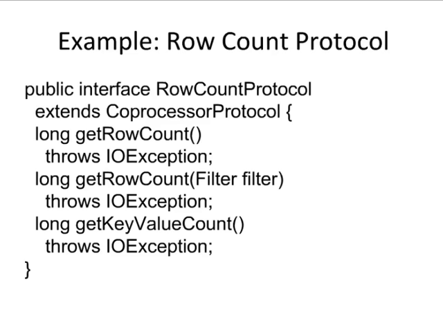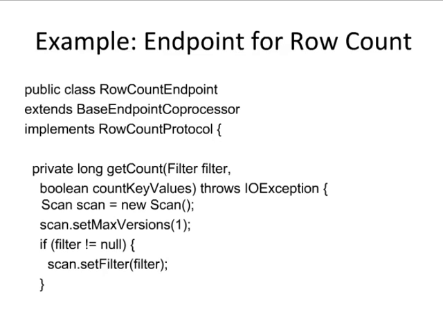I'm calling environment.getRegion.getScanner, and then I basically have everything I need to iterate over the region I'm living in. So this scanner will see only the region I'm living in, a one-to-one mapping. This goes through the scan, does the count, and returns it. That's just a helper.